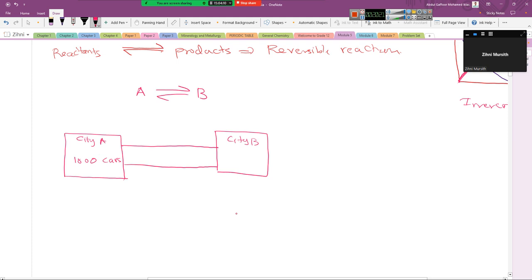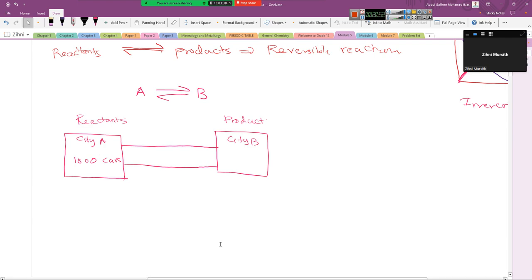So this is called an irreversible reaction. We will consider city A as reactants and city B as products, right? So from the reactants, products will be coming. The main point that you should notice is that irreversible reactions cannot be performed backward.